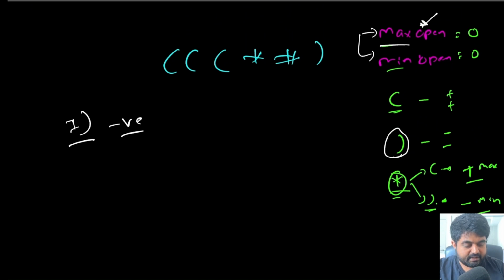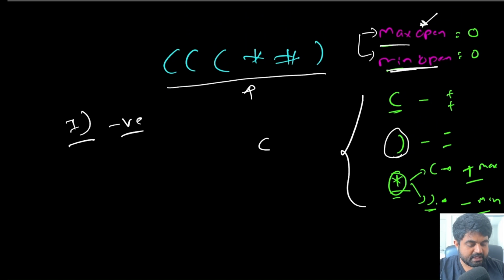Second scenario is that at the end, our goal is to ensure that there are no left open parentheses. So let's say that we iterate over the entire given input using these three rules, and we find that there are no open parentheses, which means the min open is 0, then we can simply return true as the answer.